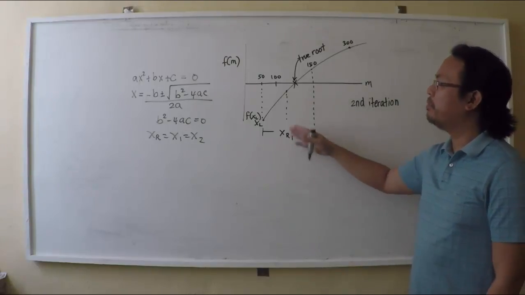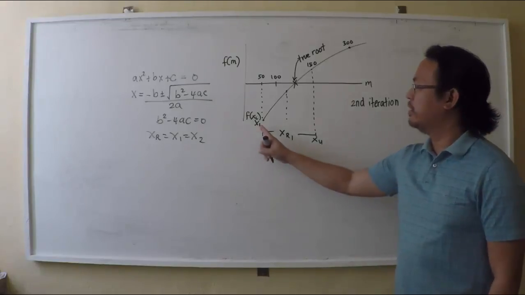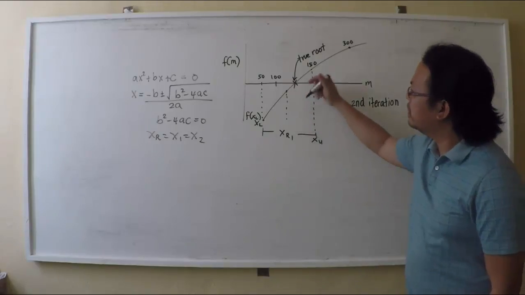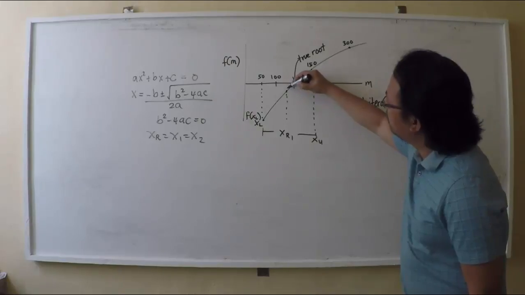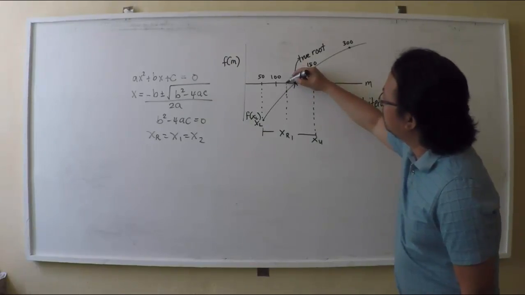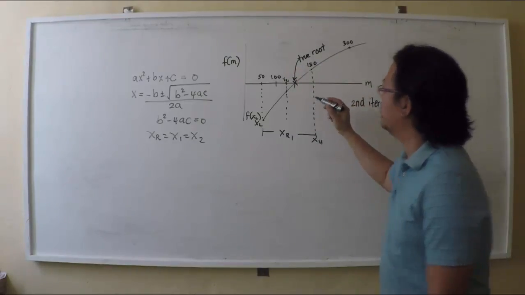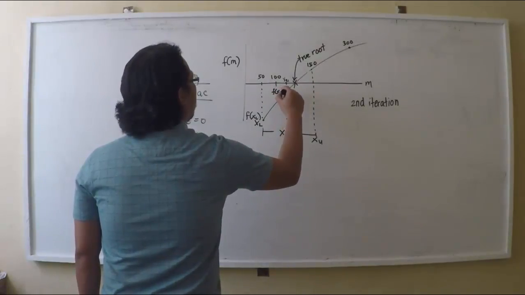Let's look at the behavior of the roots. Like I said a while ago, this is the lower boundary, this is the upper boundary, and this is the estimate of the root here. Actually, this one is the XR1, and this is f of xr1.